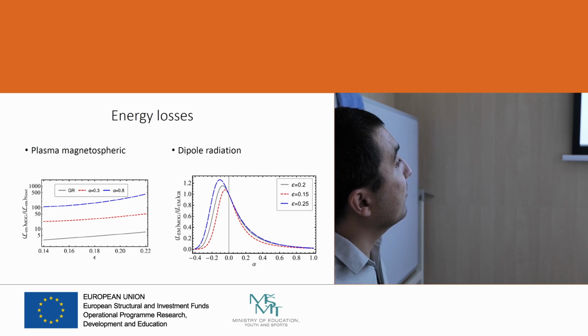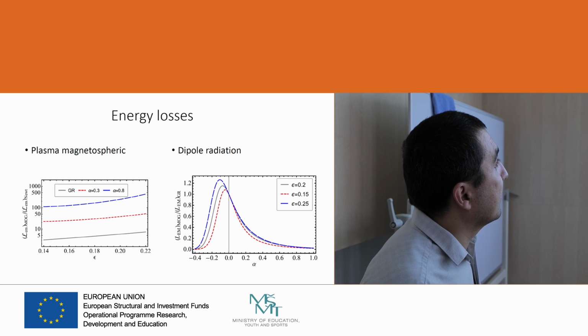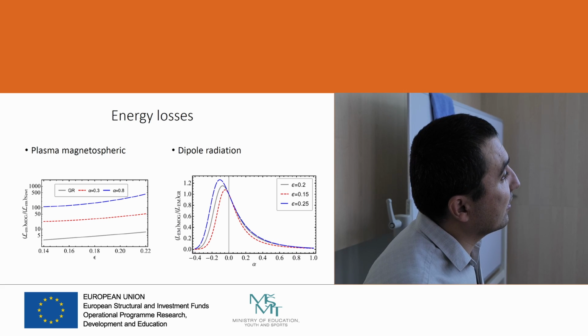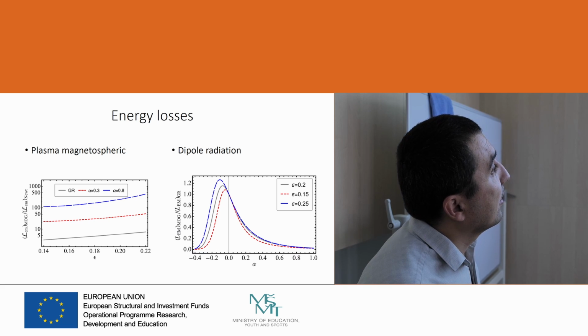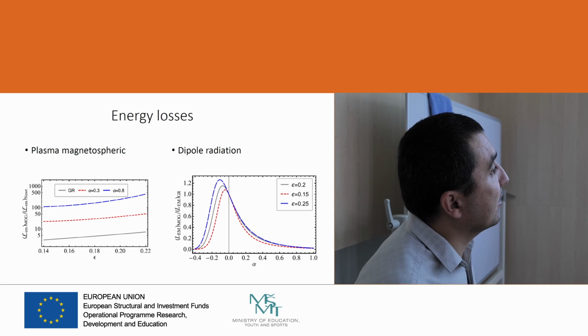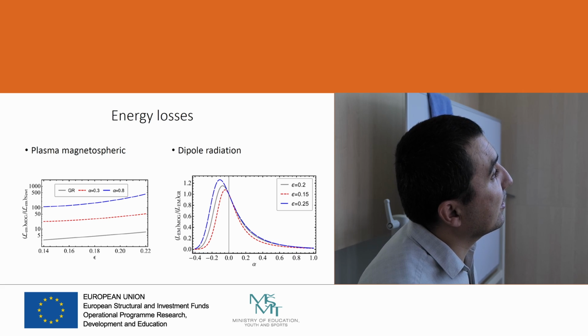Here we show the dependence of the luminosity of magnetospheric radiation on the compactness parameter, which is the mass to radius ratio. As the compactness parameter increases, this plasma magnetospheric radiation luminosity also increases, and the Mach field also causes the radiation to increase.